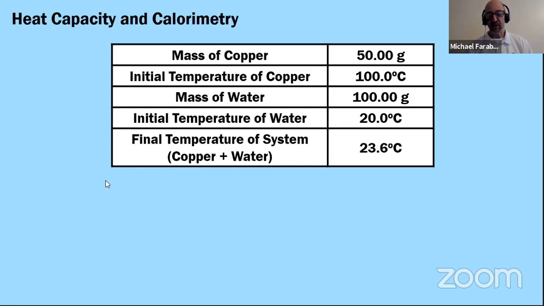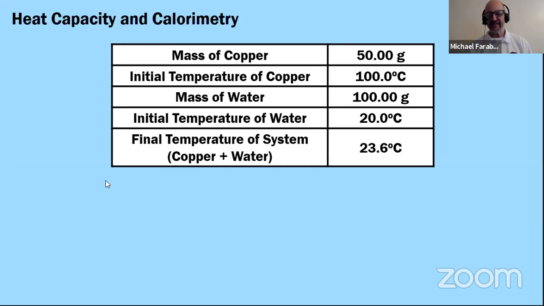The initial temperature of the copper was 100 degrees Celsius because it was sitting in a boiling water bath, and that is the boiling point of water. The mass of the water in the styrofoam cup is 100 grams. The initial temperature of the water is 20 degrees Celsius. When thermal equilibrium was reached, the final temperature of both the copper and the water was 23.6 degrees Celsius.